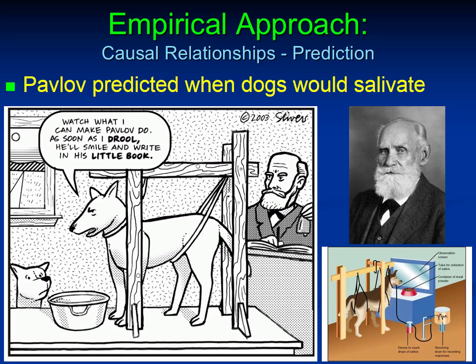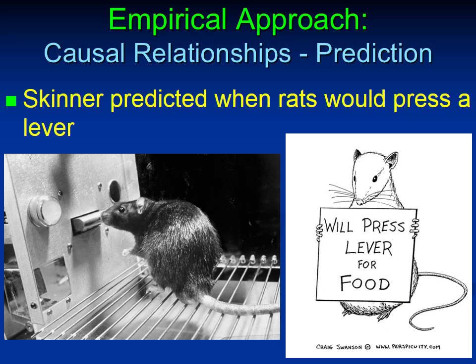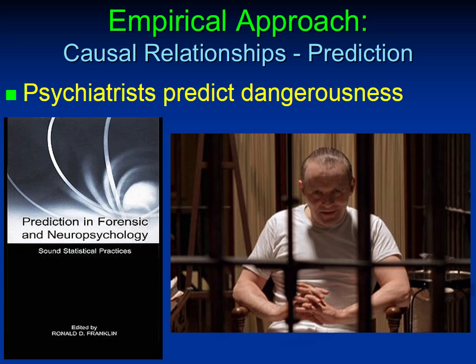His dog was turning the tables on Pavlov in this cartoon. Skinner is another scientist who used animals. Skinner used rats, and he tried to predict when rats would press on bars in their cages, trained to do so. And an example that we've already talked about in class, psychiatrists, of course, are asked by the law to predict whether people will be violent or sexually violent in the future.